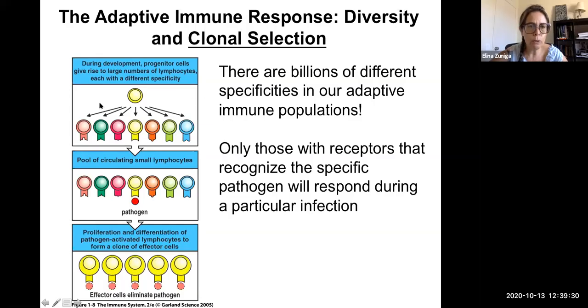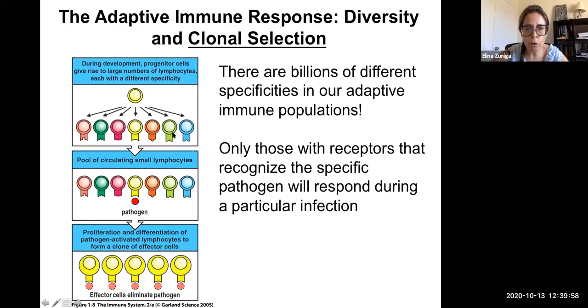And so you can see this is depicted here. During development, progenitor cells in the fetus give rise to a large number of lymphocytes, each with different specificity. So this is the progenitor cell in the bone marrow. The common lymphoid progenitor, remember, is the one that originates and develops into T cells and B cells.